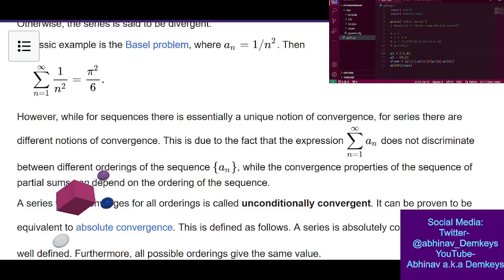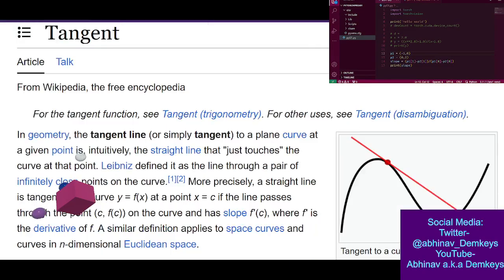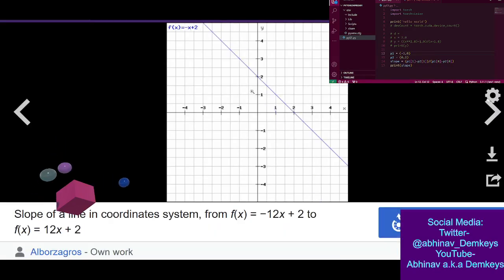Where was it? Yeah, I think it was here. So -1 and +2. Hold on. 5x plus 2.